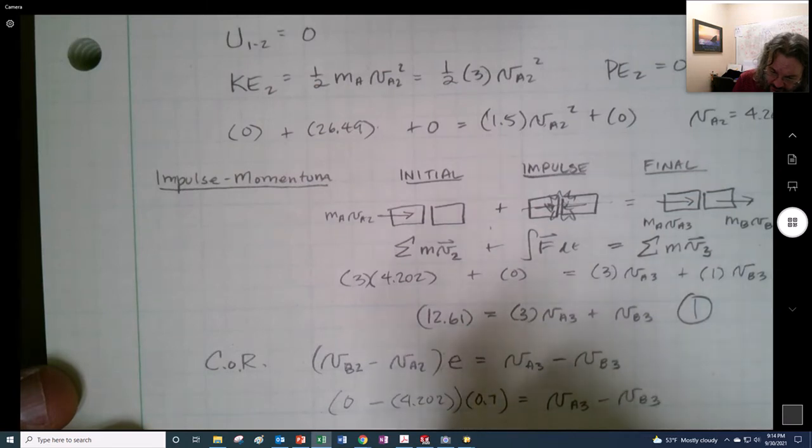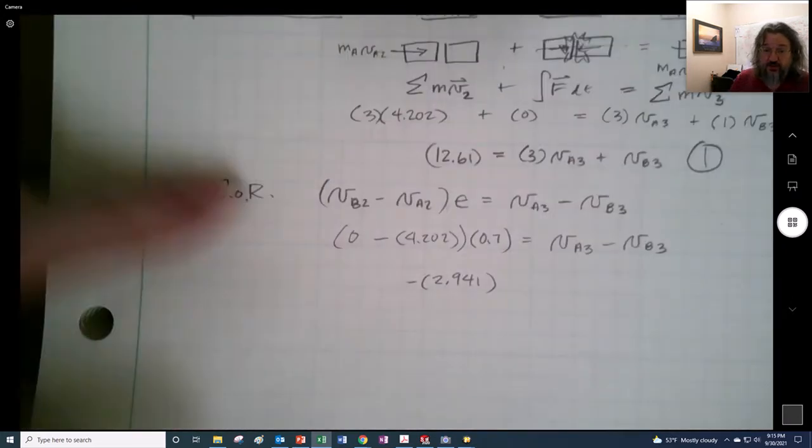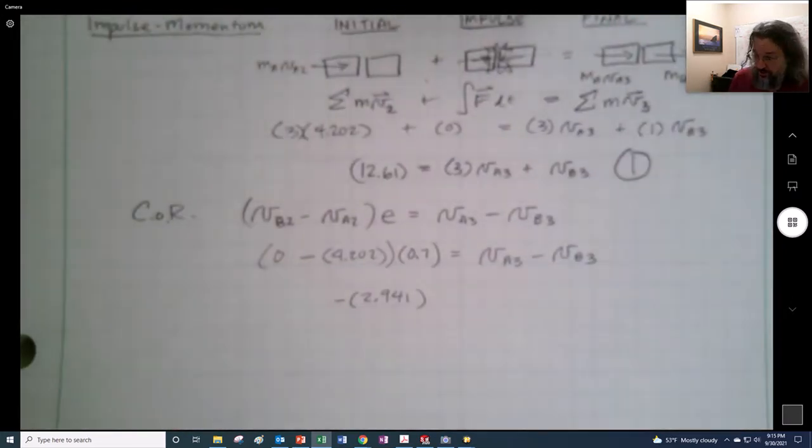No, I think I'm okay. I'm going to have a negative 3 something. I'm losing track here. I think 2.941. Is that correct? Let me see if I can move the keyboard out of the way. Yeah, I think that's correct.